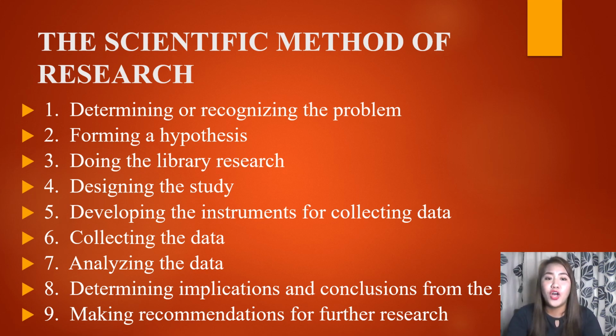So, we will move on to the scientific method of research. These are the methods in conducting research. Number one, you need to determine or recognize the problem. So, you need to identify what are your possible problems to be entertained in your research.